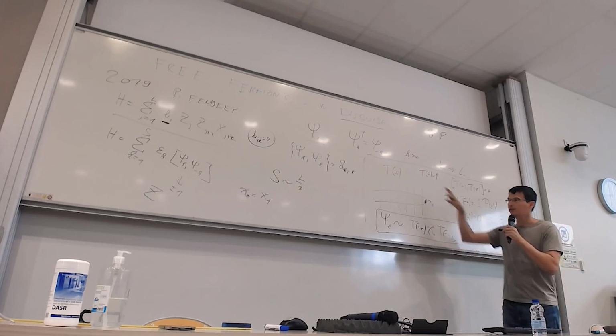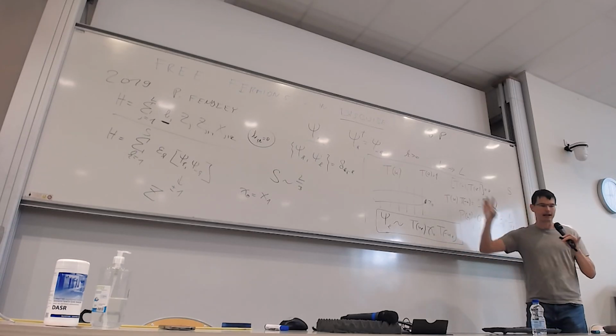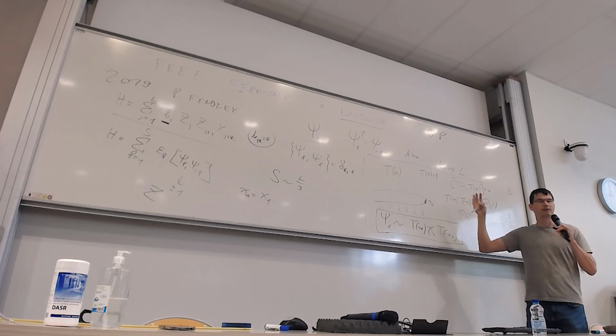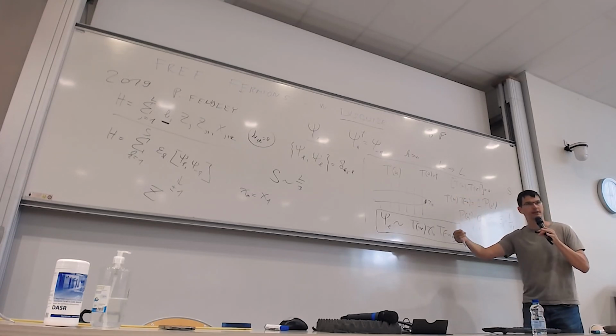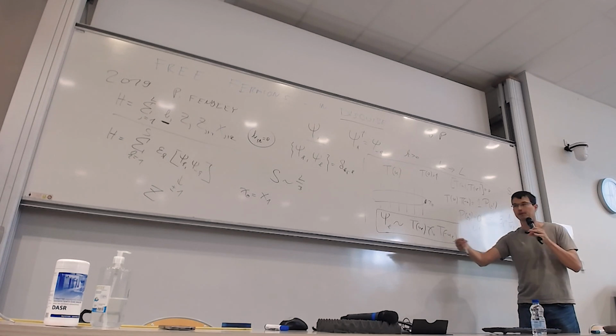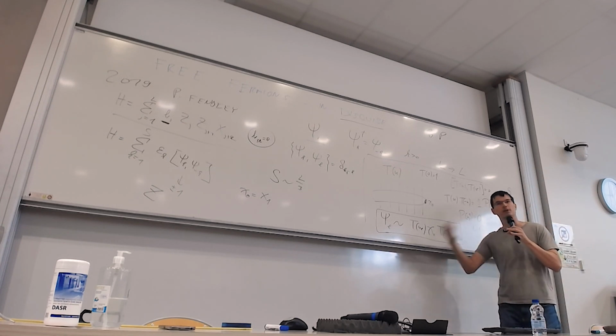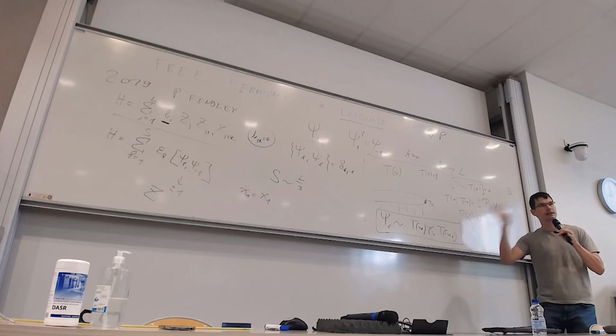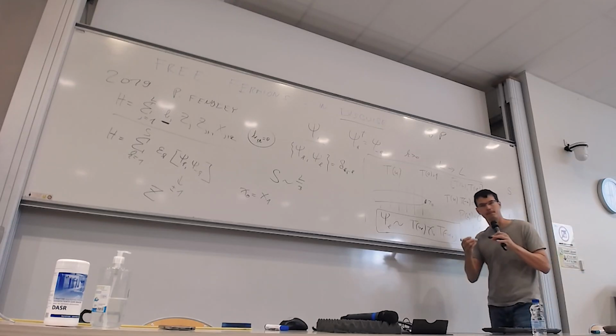So this construction is somehow like a parent construction. It works for a bigger class of models, but when we go specifically back to Jordan-Wigner solvable models with Majorana fermions, then we go back to things we know. So it's not different, it's just bigger. It's a generalization.